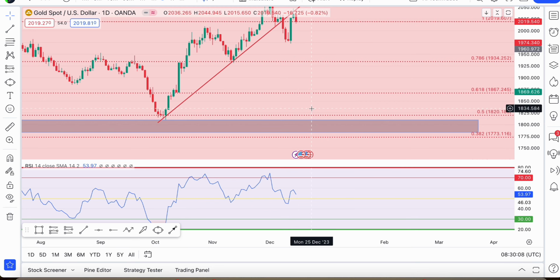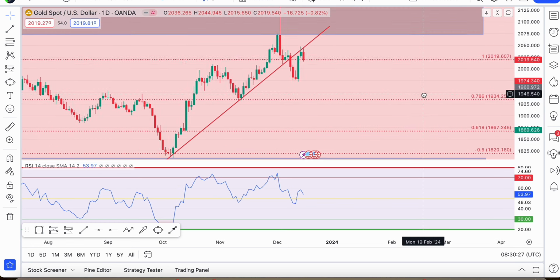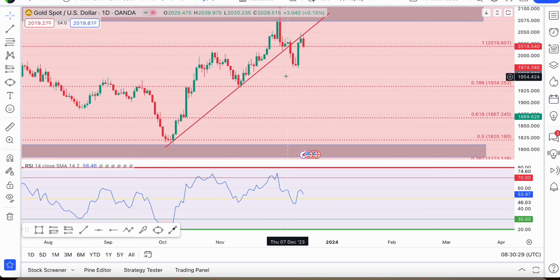Combining this with the RSI, Relative Strength Index, we saw here that this is actually overbought, within this region here.